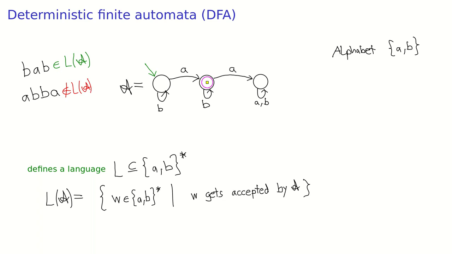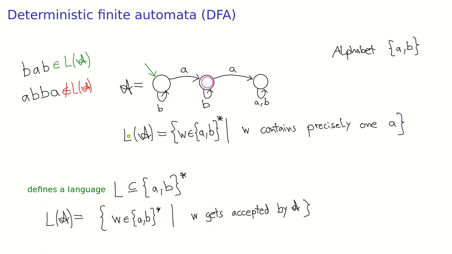But if it has one A, and even if it has several B's more after that, we will accept. But if it has another A, a second A, we will reject. And then whatever we read after that doesn't matter, we will still reject it. So we only end up in this state if our string contains precisely one A.